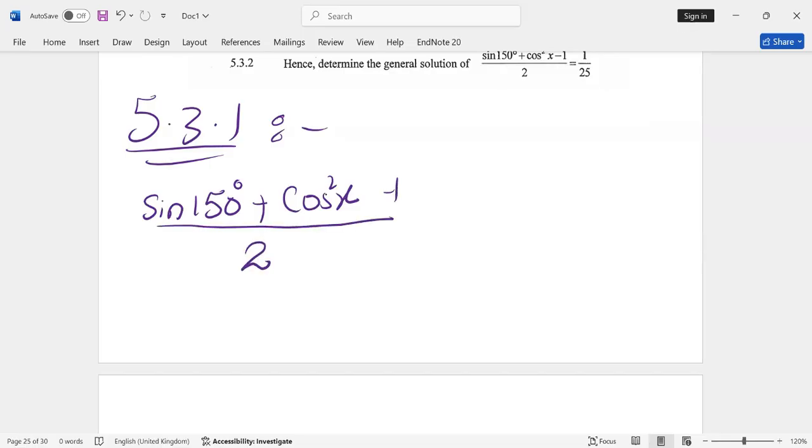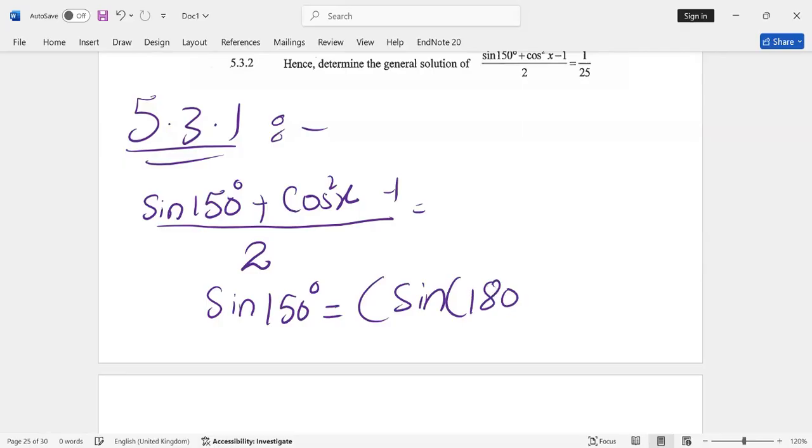Using the reduction formula, sine 150 we write as sine of 180 minus 30 degrees, and that equals sine 30 degrees, which equals 1 by 2.